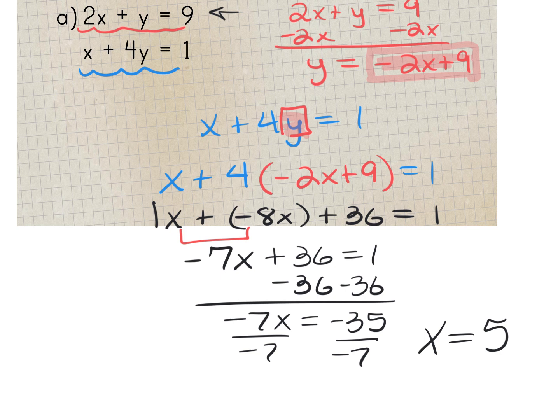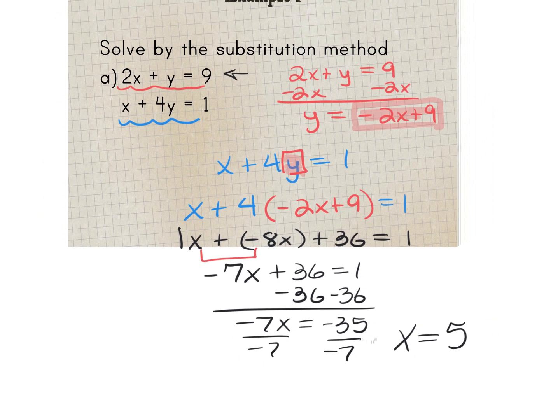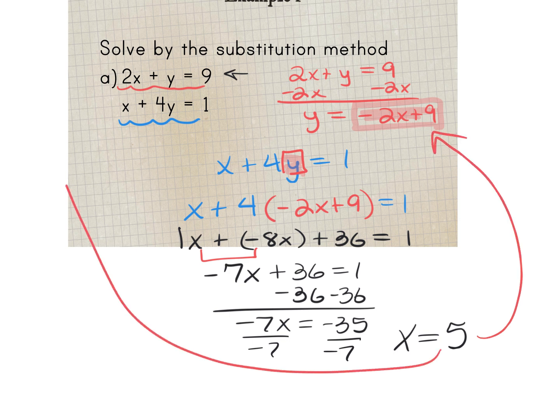Remember, when we're solving these systems, we're looking for an ordered pair. So far, I found half of that ordered pair. Now I need to go back and find the value of y. I have 3 different places that I can get my value of y from. I can either plug it into my rearranged equation or back into one of the two originals.